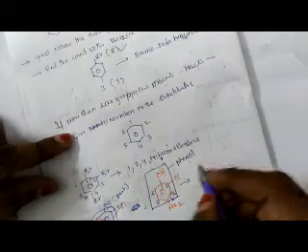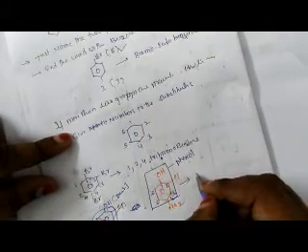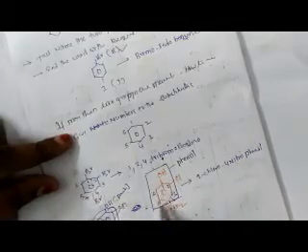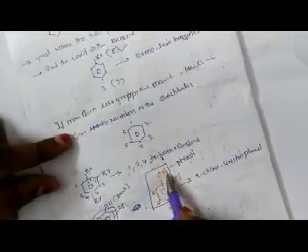Then we have to give positions 1 2 3 4 5 6. As we already know that it's a phenol molecule, the name of this molecule is 2-chloro, C comes first, N comes last, 4-nitrophenol, because the common name of benzene substituted with an OH group is phenol.